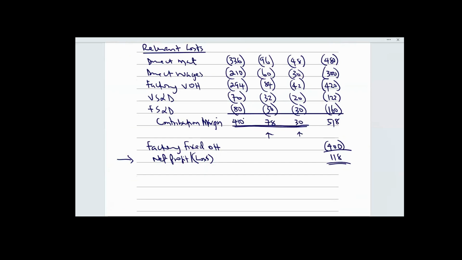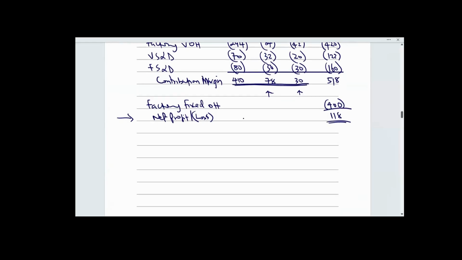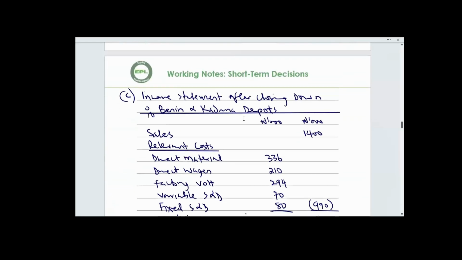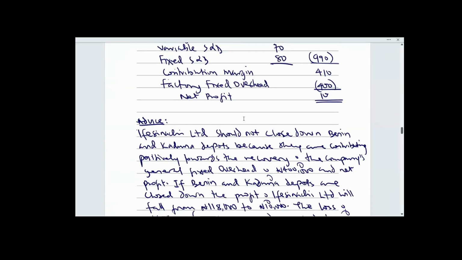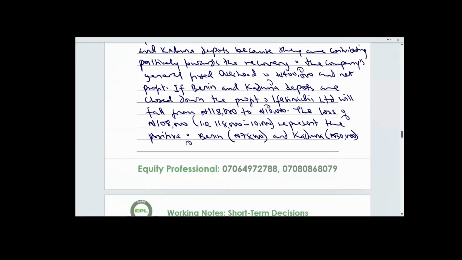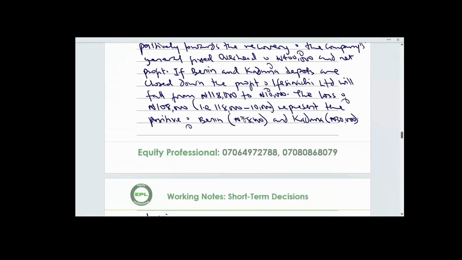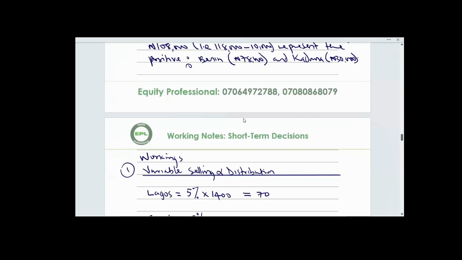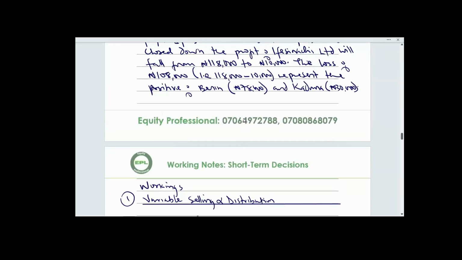So our profit has now reduced to 10,000 from 118,000. That means because of deleting Benin and Kaduna depots, the company will be losing 108,000. That's why we're advising that Ife Sinachi Limited should not discontinue Benin and Kaduna depots. That's it. That's the end of the question.